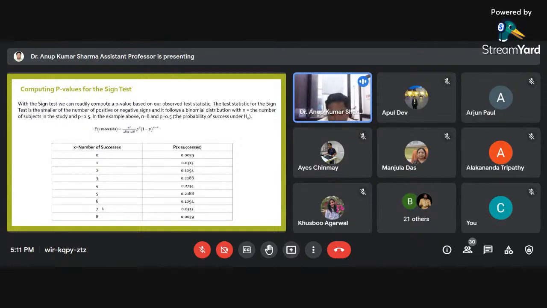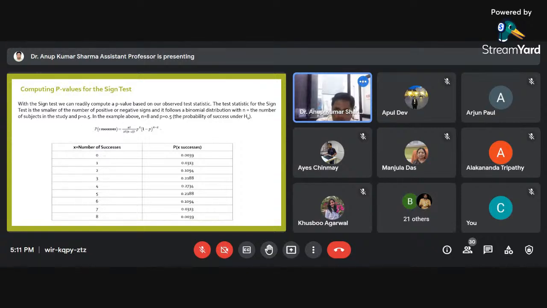Now the p score. Instead of comparing the statistical value with the critical value, we calculate the p score based on the minimum number of positive or negative signs.